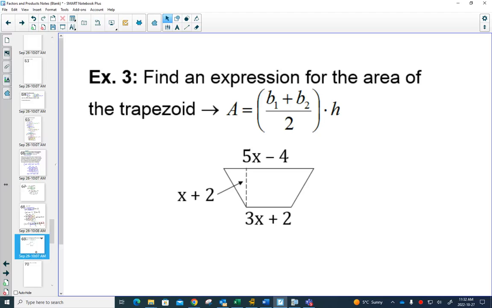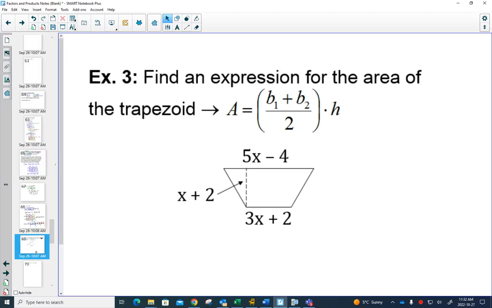Give you a new formula. The area of a trapezoid formula. In fact, there are some people that say you should learn the area of rectangles, triangles, and squares all as trapezoids.